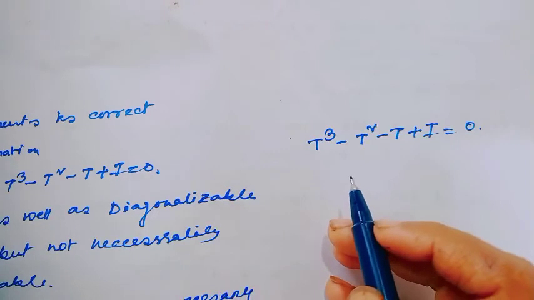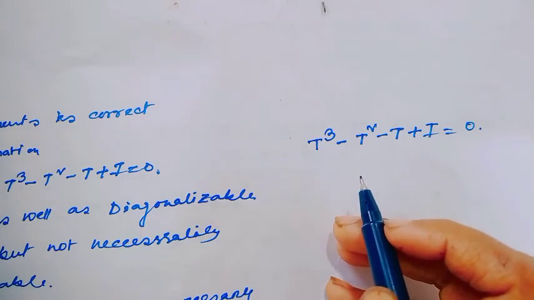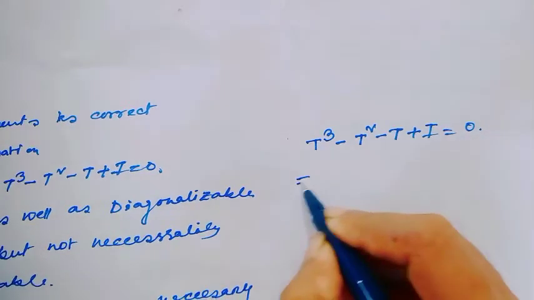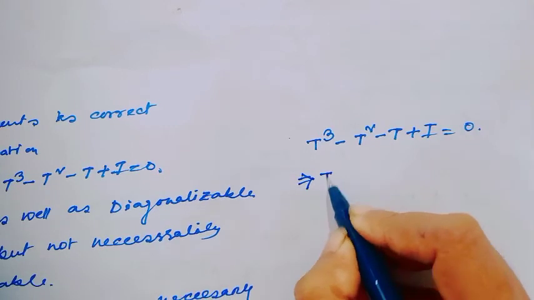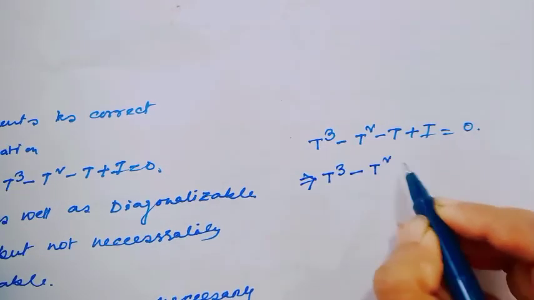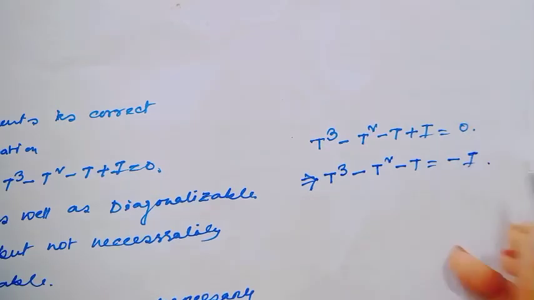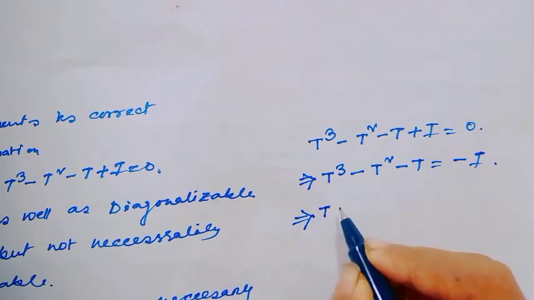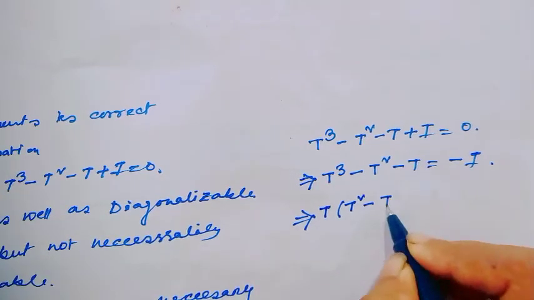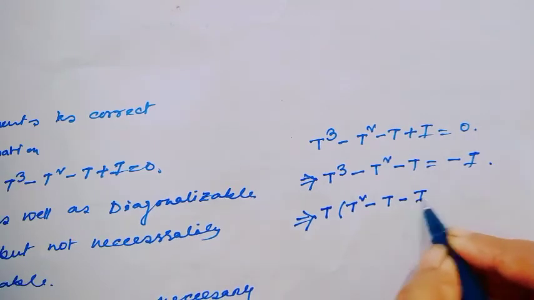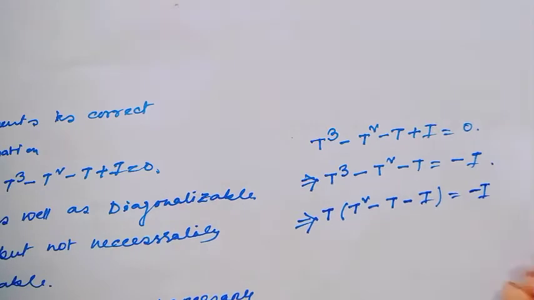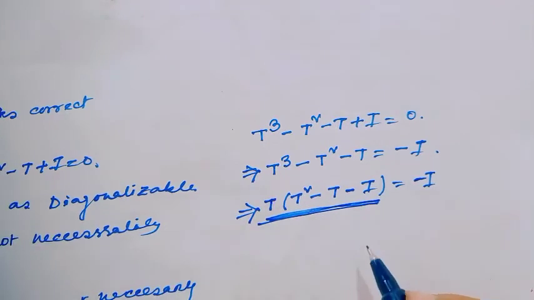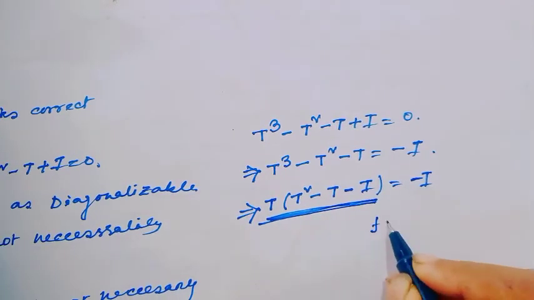Since we have to prove the operator T is invertible, we can write this as T cube minus T square minus T equal to minus identity, and now this would be T times T square minus T minus identity equal to minus identity.